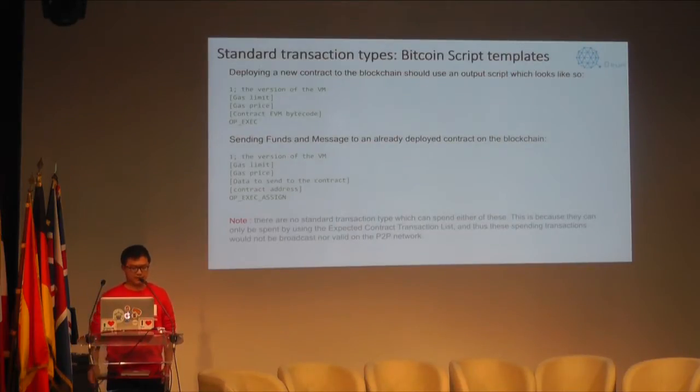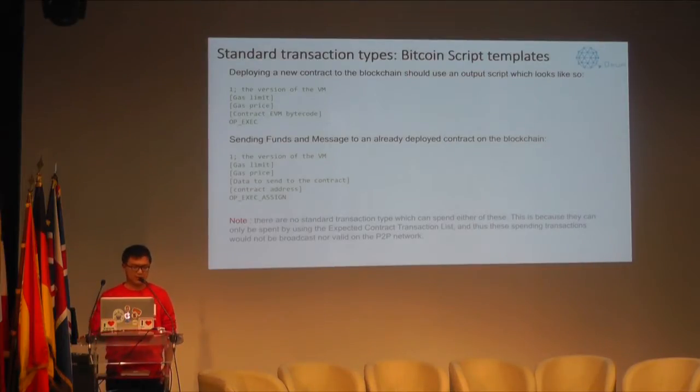So basically, we add 3 new opcodes, and we use the account abstraction layer, and we create 2 new transaction types. The first transaction type is for deploying a contract to the blockchain, and the output script is as below. Another new transaction type is for sending funds and a message to an already deployed contract on the blockchain.